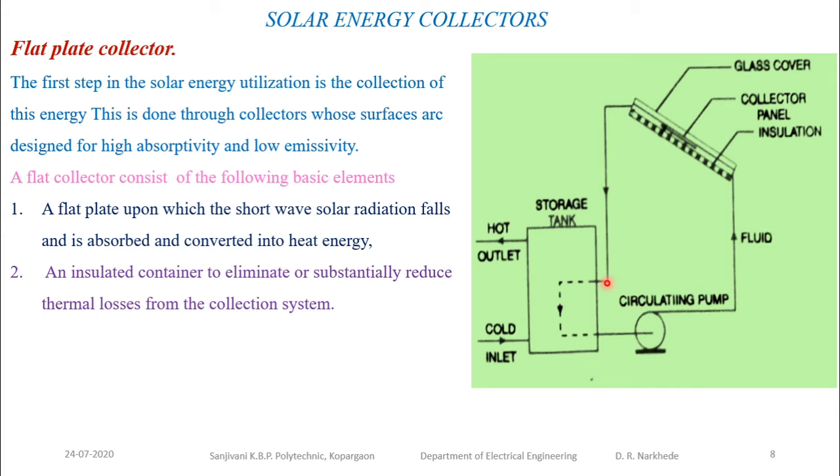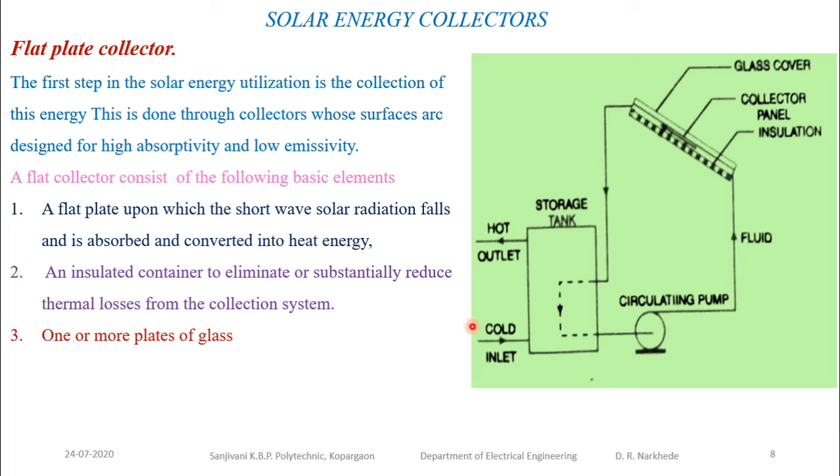It is the natural tendency that heat will always flow from the high temperature side to the low temperature side, or any sort of energy will flow from high potential to low potential. The same is applicable for heat. So we need to provide an insulation layer on the storage tank so that the heat transfer is reduced.